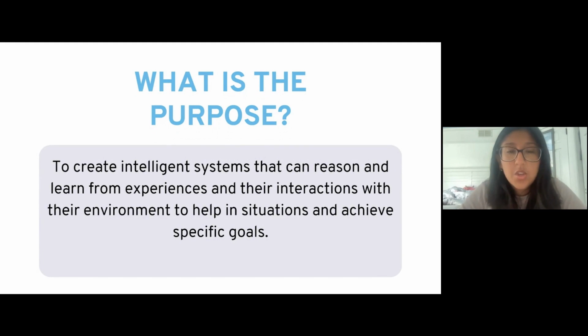The purpose is to create intelligent systems that can reason and learn from experiences and their interactions with their environment to help in situations and achieve specific goals. An example of AI you might already be familiar with is Siri on iPhones, Alexa, and chatbots.